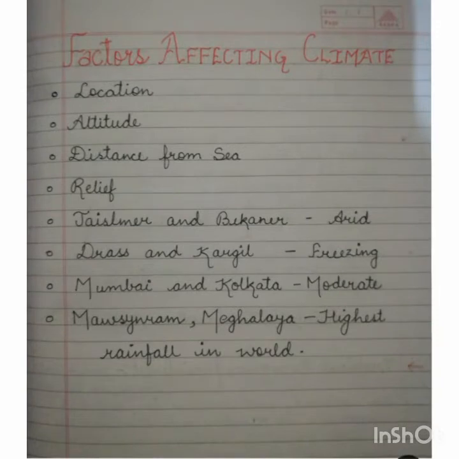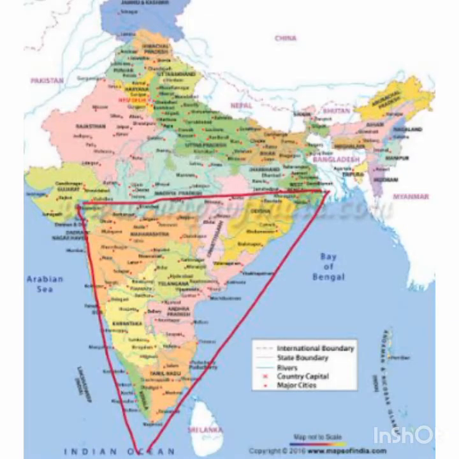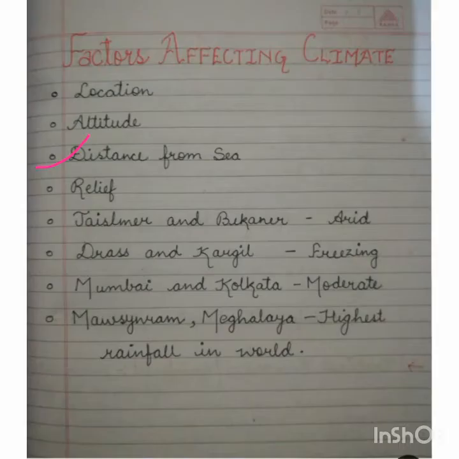Then the next factor is distance from the sea. Now, how far the region is from the sea also affects the climate. India is a peninsula with a long coastline but mostly falls in the torrid zone. The Bay of Bengal and the Arabian Sea exert a moderating influence on the climate condition of the coastal area.